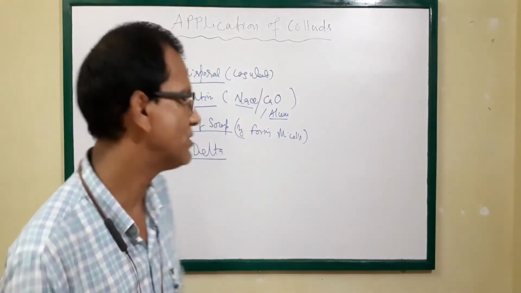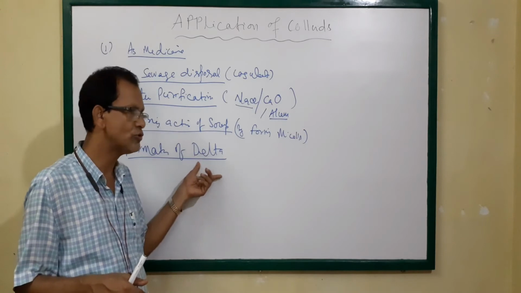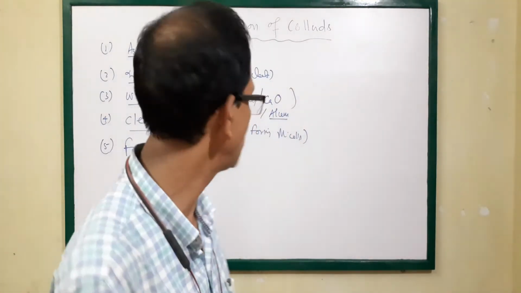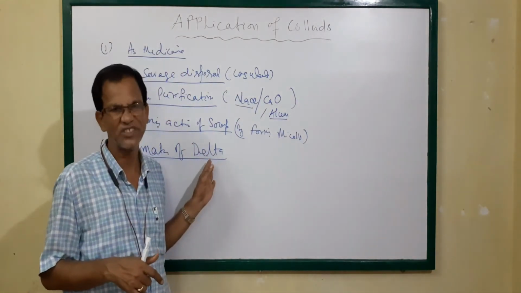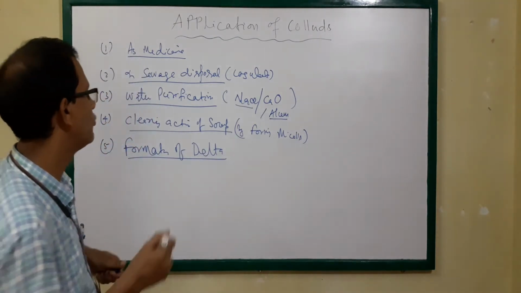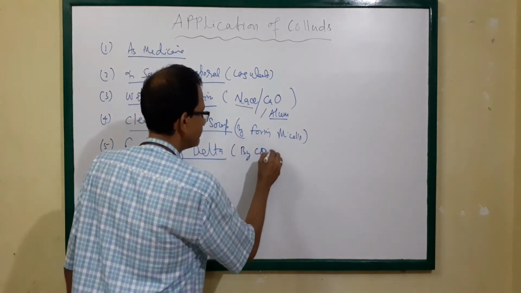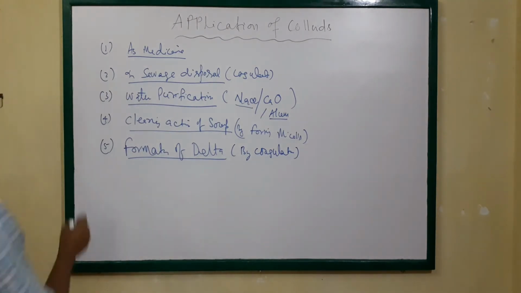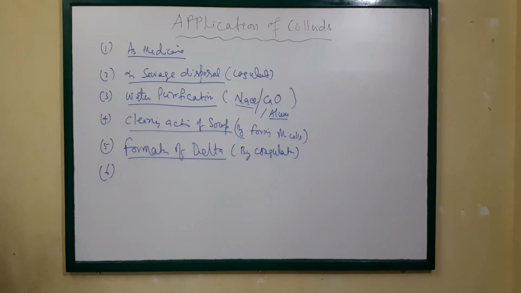This precipitation is obtained as delta. So delta is produced at the junction of sea and river due to coagulation of river water by sea water. Sea water carries electrolytes. So this is also an application of coagulation techniques. Number 6 application is the smoke precipitator.